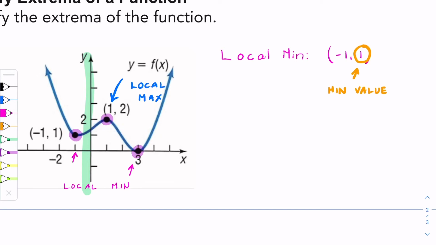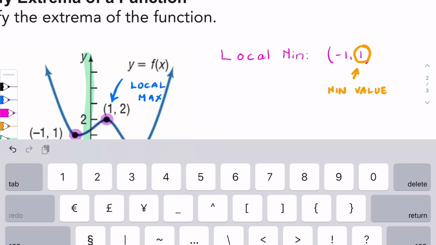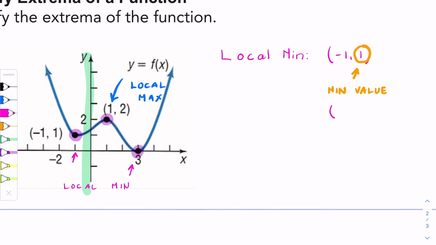The other minimum value is happening at 3, 0. So 0 is our minimum value. All right, we specifically have a local min at 1 and 0.